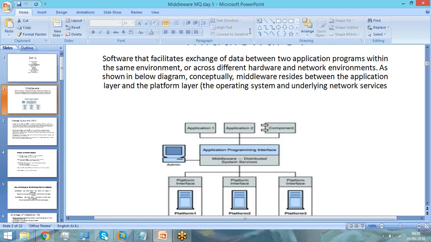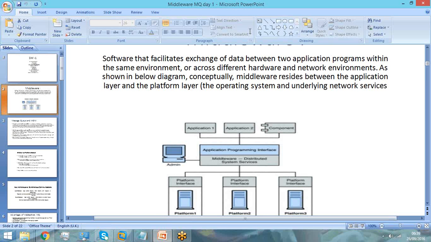All the business logic would be there in your middleware layer. It does the data validation: is the data proper, should it go? All these validations are done by your middleware products, and eventually the data has to reach your database, where the data is stored.